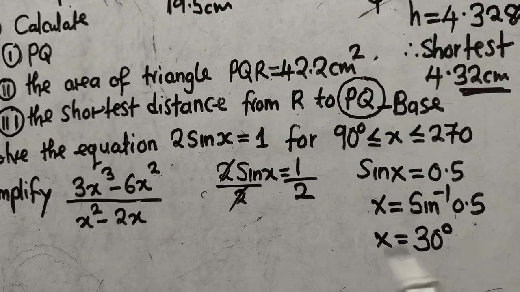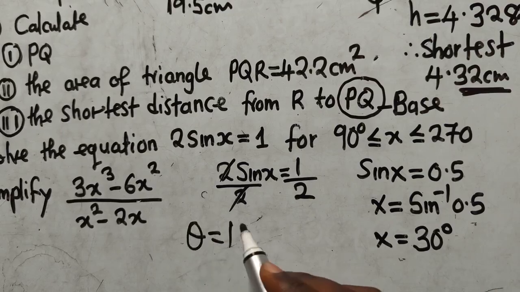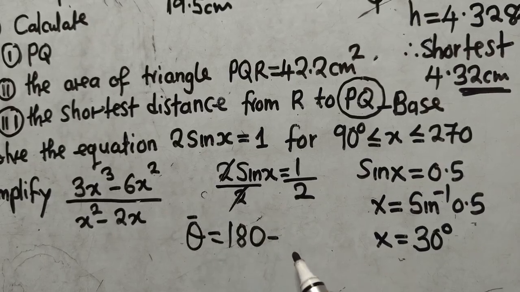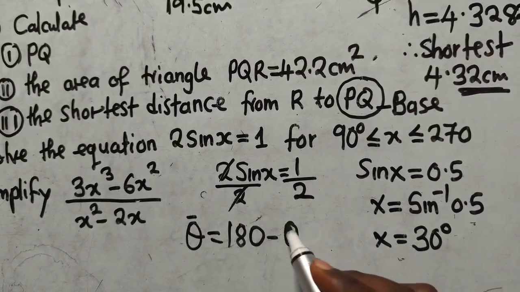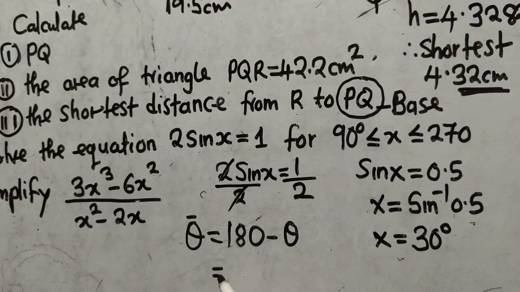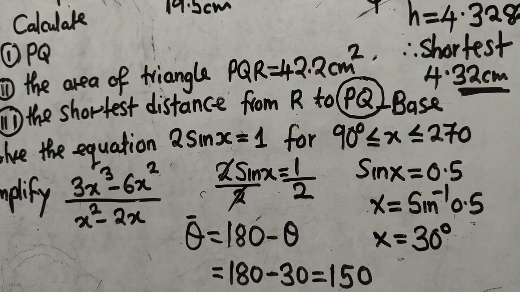In the second quadrant, to find the answer, we say 180 minus the reference angle, the theta that we found as the first answer. So we say 180 minus 30, which is 150.